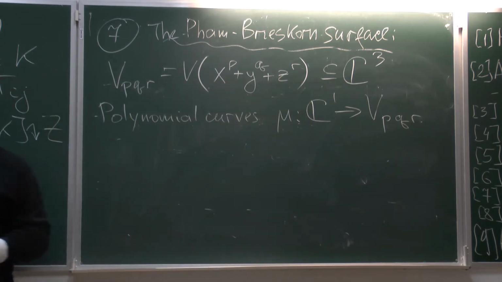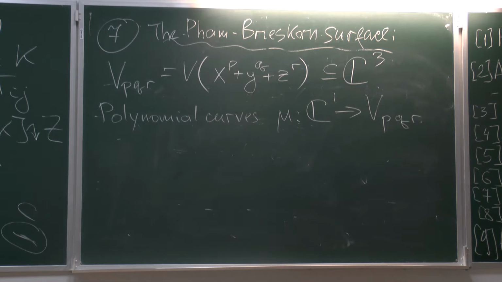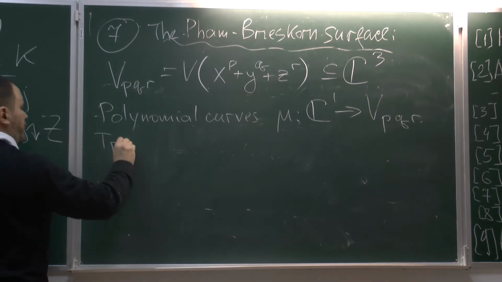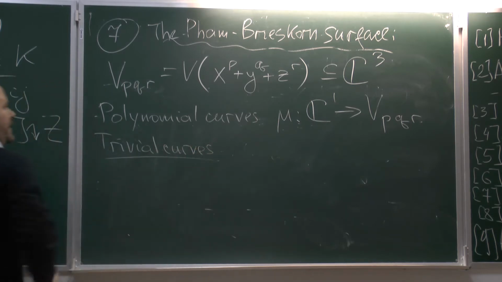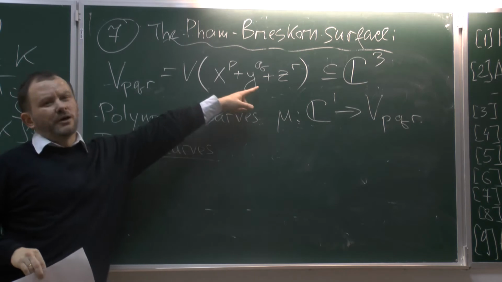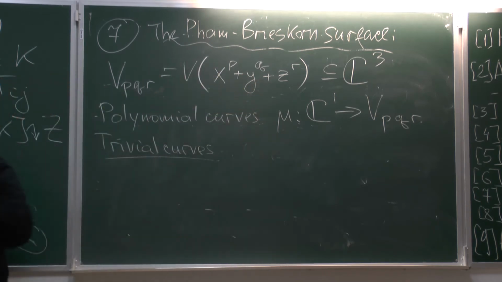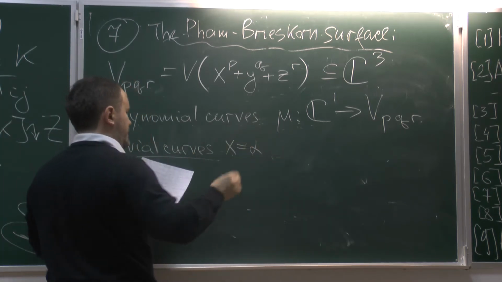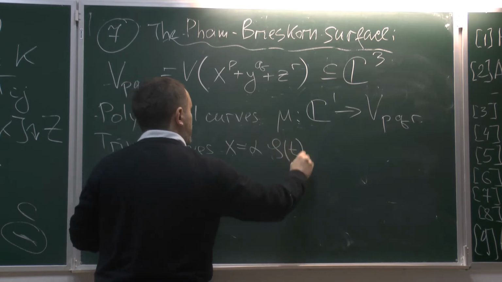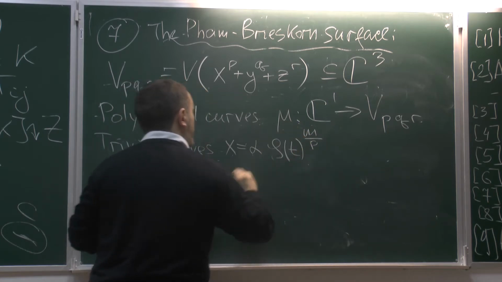If you think a little about which curves can be constructed on such a surface, then you will immediately produce trivial curves. Namely, just take one polynomial in corresponding powers with the corresponding coefficients. This is quite easy, so I will write it down. X is some coefficient and some polynomial to the power m over p.